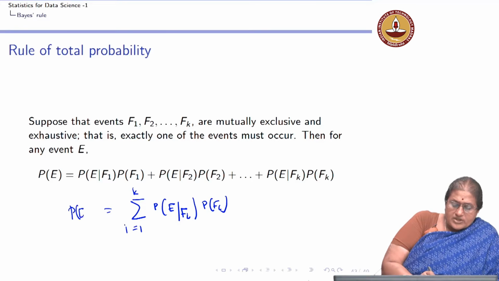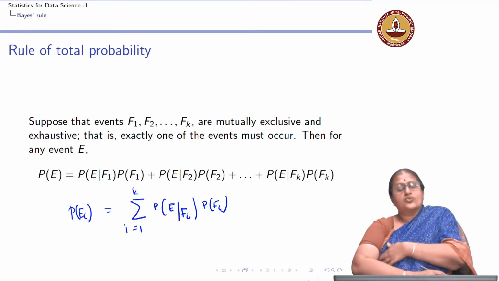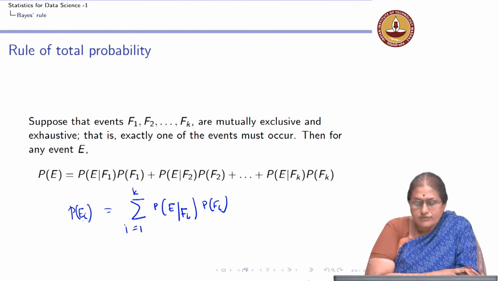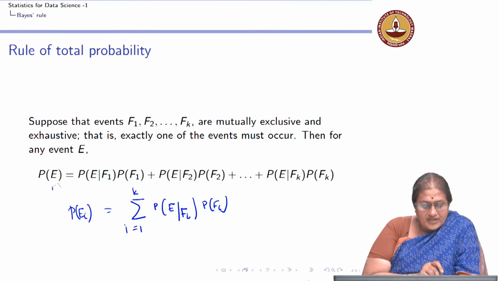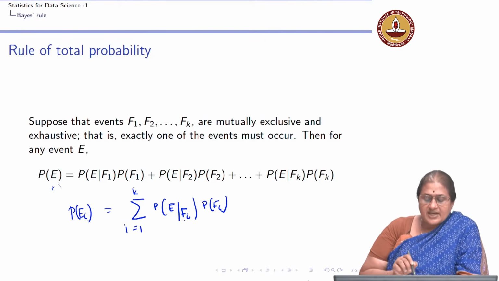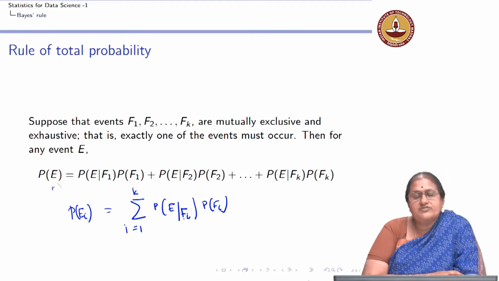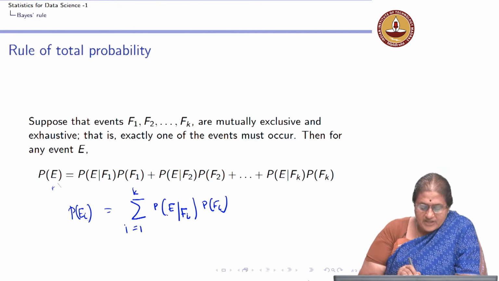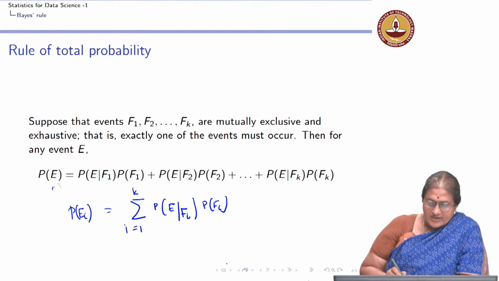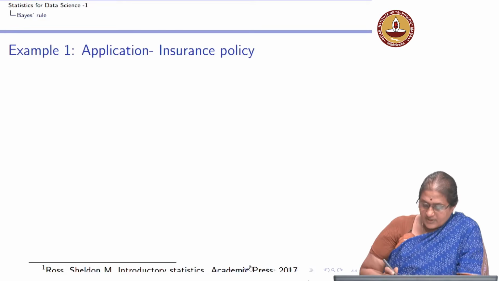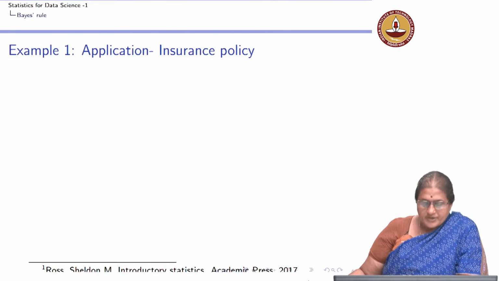So, this is what is referred to as the rule of total probability or law of total probability, which states that suppose we have F1, F2, Fk which are mutually exclusive and exhaustive, then for any event E, the probability of E happening is expressed as the weighted average of the conditional probabilities of E happening conditioned on these events. So, now let us look at an application of the law of total probability.